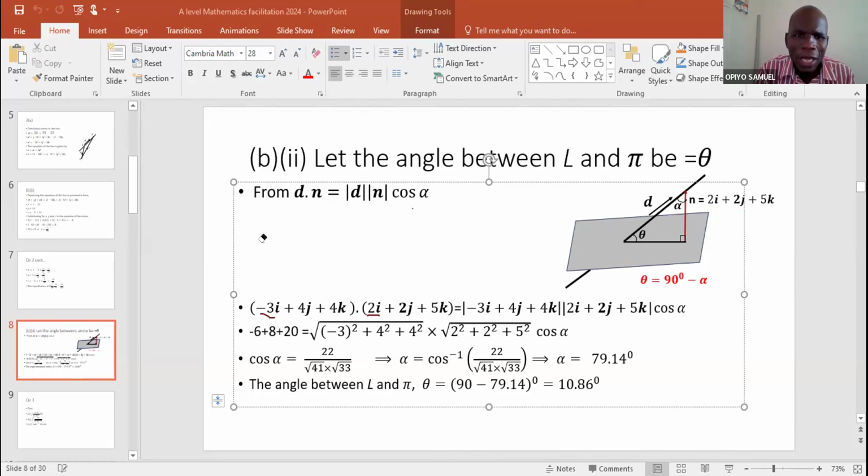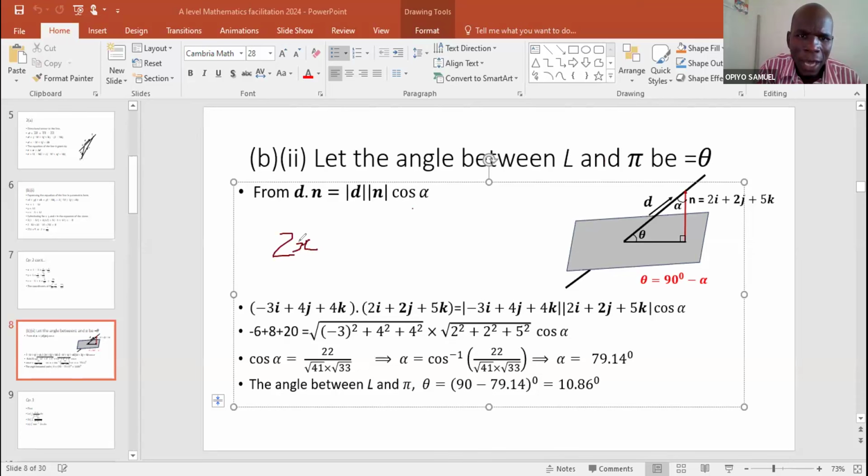Okay. Here the equation of the plane was given. We want to find the angle between the plane and the line. Now the equation of the plane, let me write again. It was 2x plus 2y plus 5z equals -8.